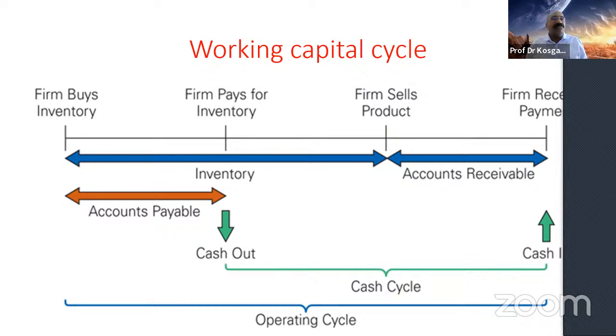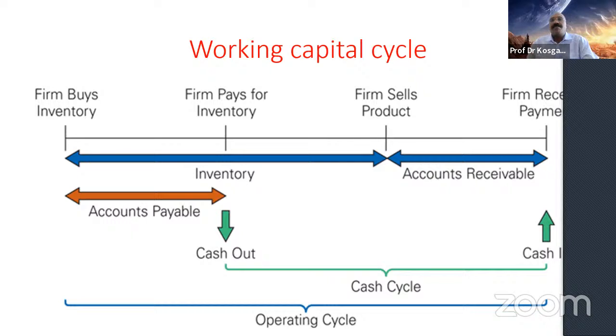What you see: the firm buys inventory, goods. Inventory is goods available in your store. The firm pays for the inventory at a particular period, and the firm sells the product in a particular period.